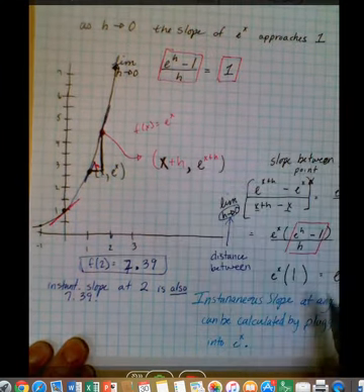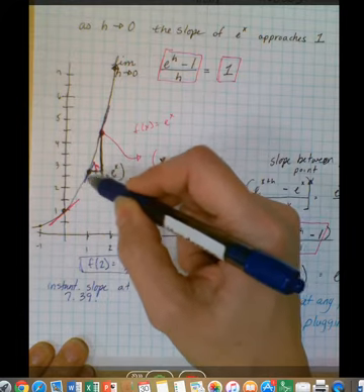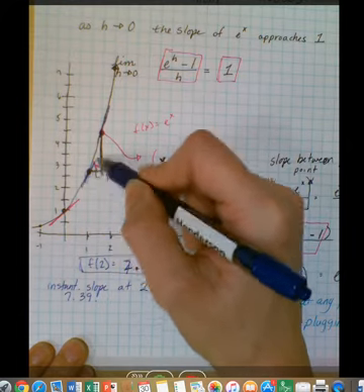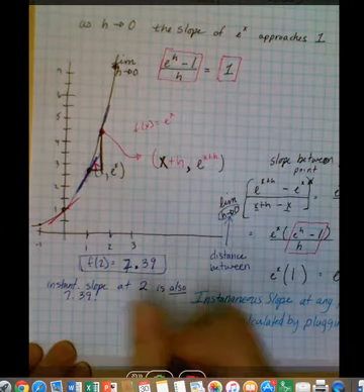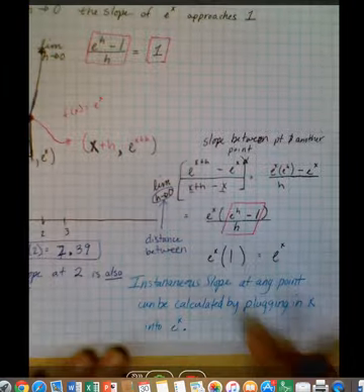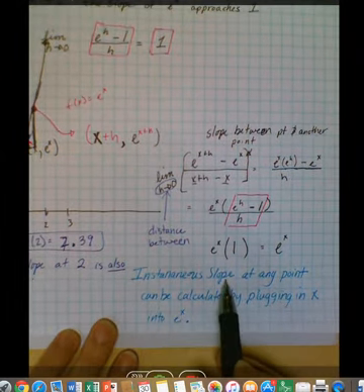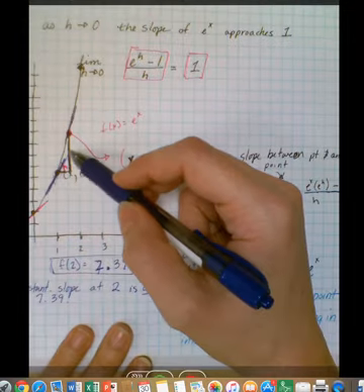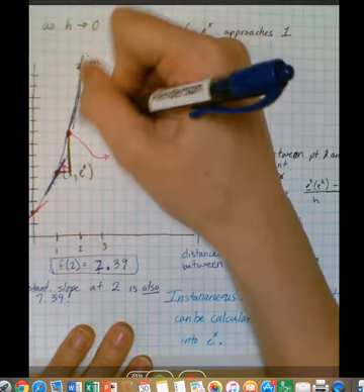Or if I were to plug in 1, I would get that the slope here is e. So this is one of the special features of the function e to the x. It's special because the slope at any point along this line is actually e to the x.